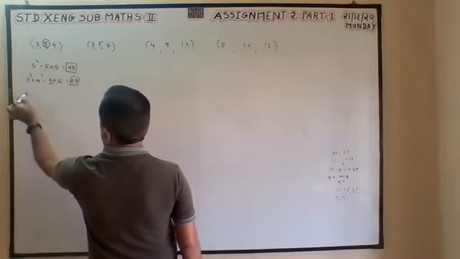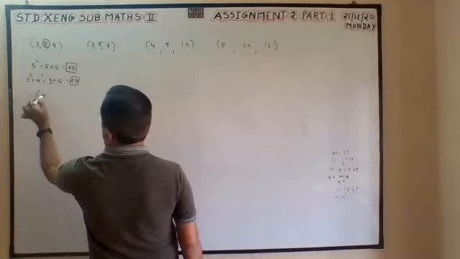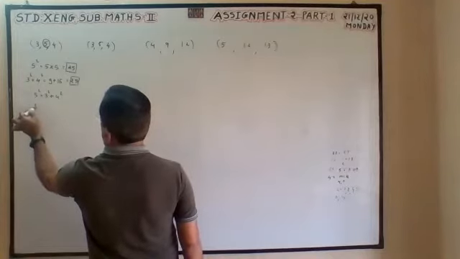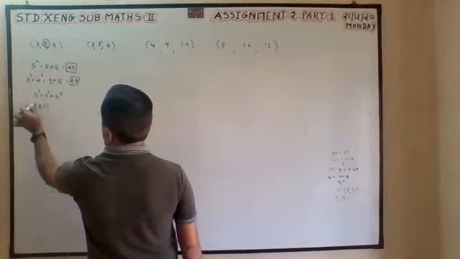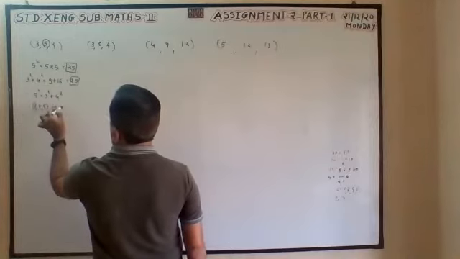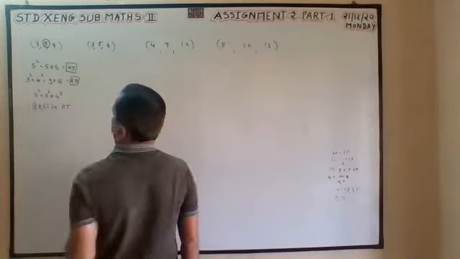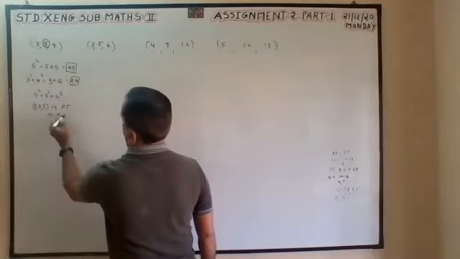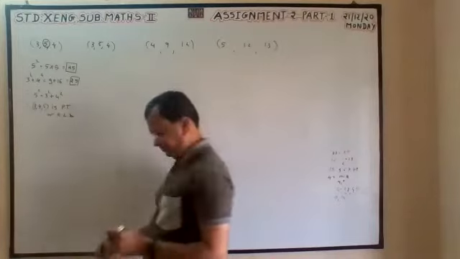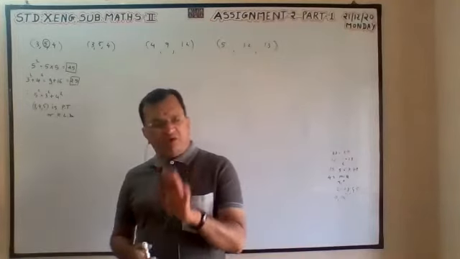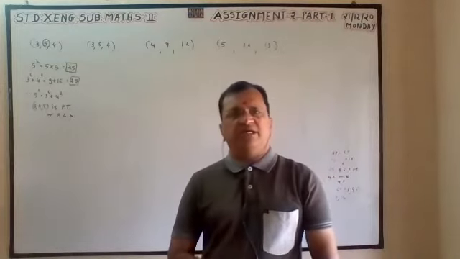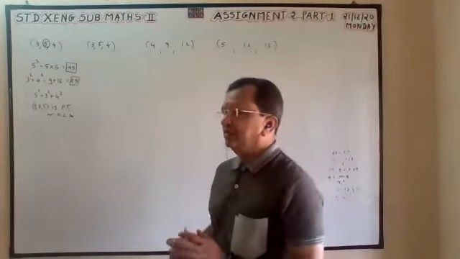Both are equal, therefore you will write 5 square is equal to 3 square plus 4 square. Therefore 3, 4, 5 is a Pythagorean triplet or a right angle triangle. This is the common, general method which is given in your textbook and that you usually do.